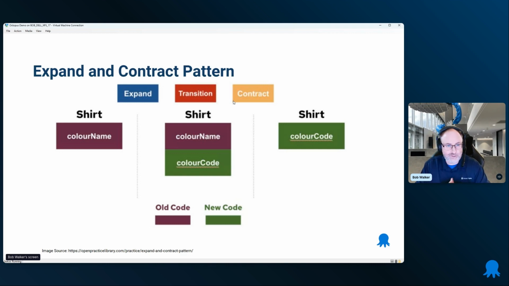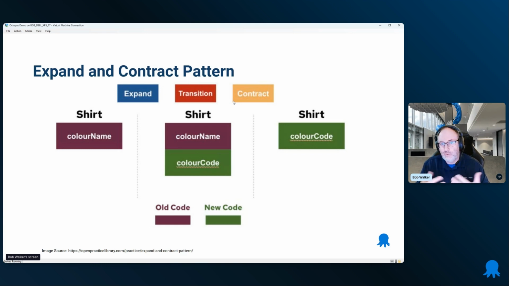And apparently we're living in Australia or Britain because we spelled colour with a U. In the old days, with everything coupled together, I would change the column name using probably sp_rename if I was on SQL Server. I would then update, like I said, the views, the stored procedures, and the code, and everything would go out in one single deployment. And it works fine, but I have coupled my database and my code changes together.